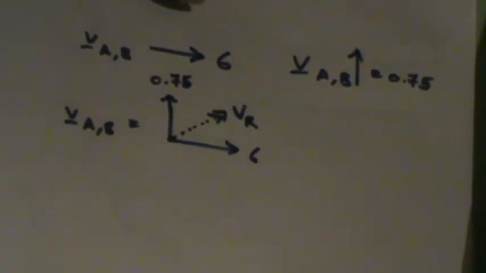So what is the value of V_AB? V_AB can be written like this, where this is 6 and this is 0.75. So V_AB, or V_R, is the resultant of these two velocities.